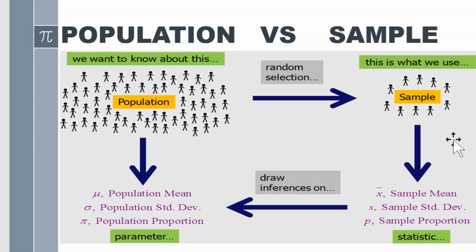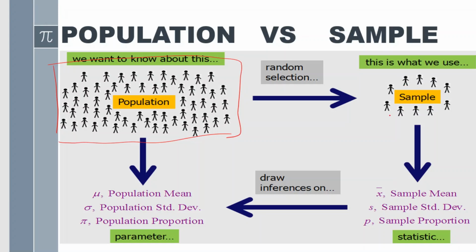This large portion here is your A. This is your population, a large portion of the group of people. You want to know about this certain group of people, and then you're going to select only who you want to be part of your study.